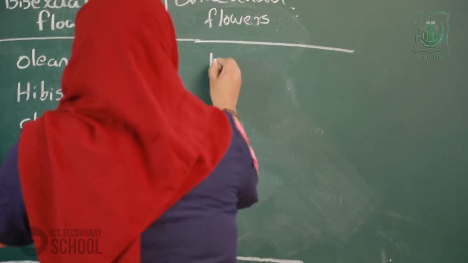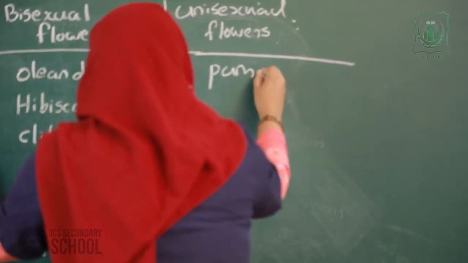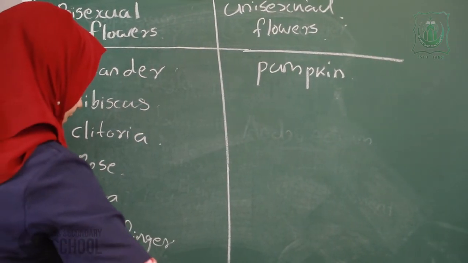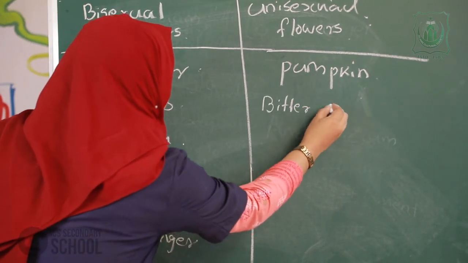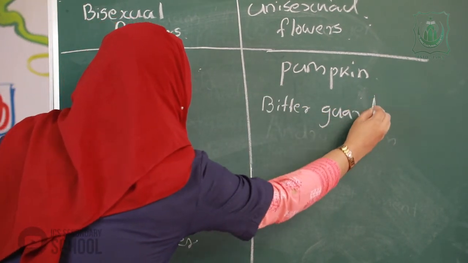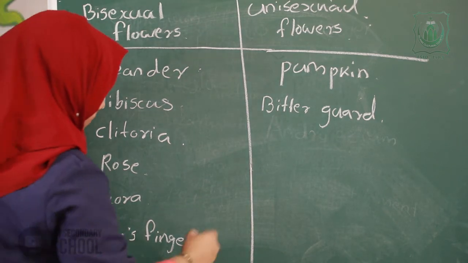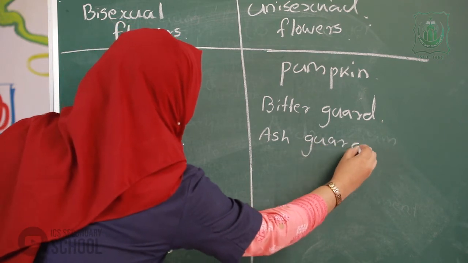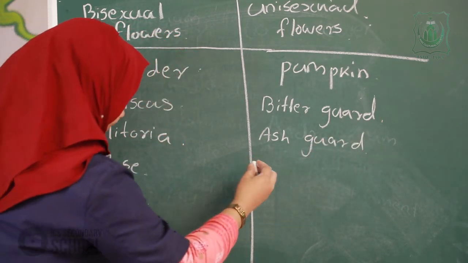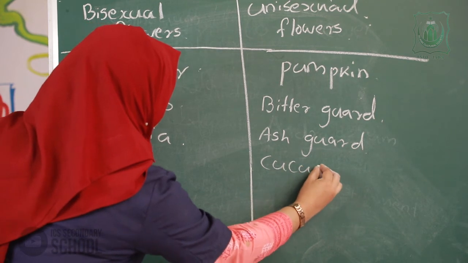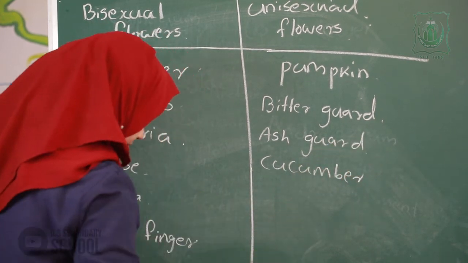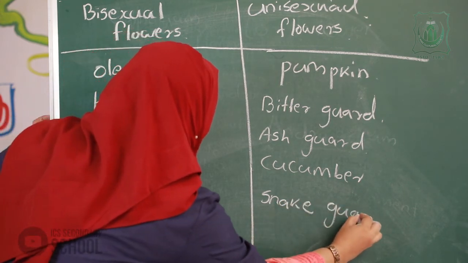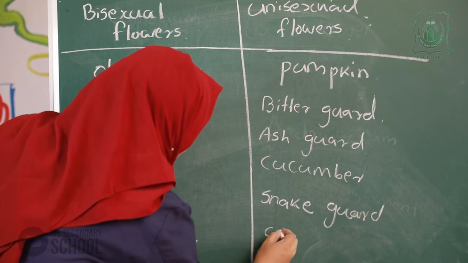Yes, here in your textbook: first one pumpkin, then bitter gourd, ash gourd, cucumber, snake gourd, and coconut also.